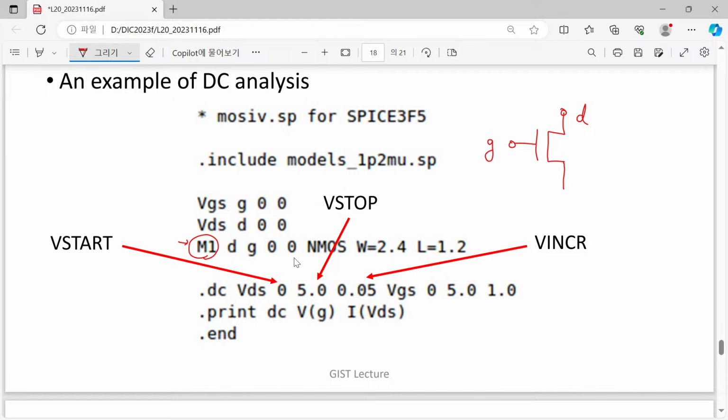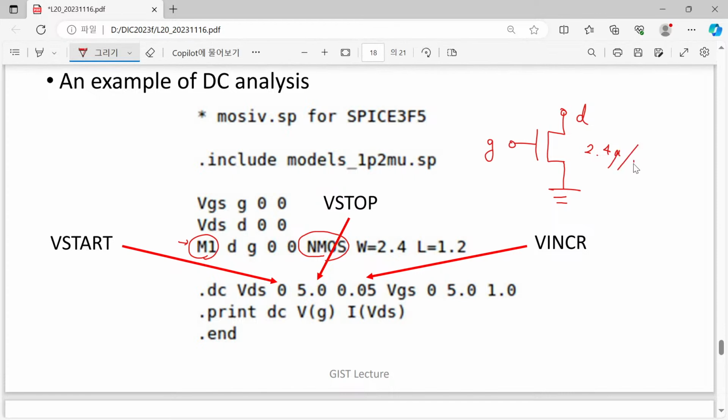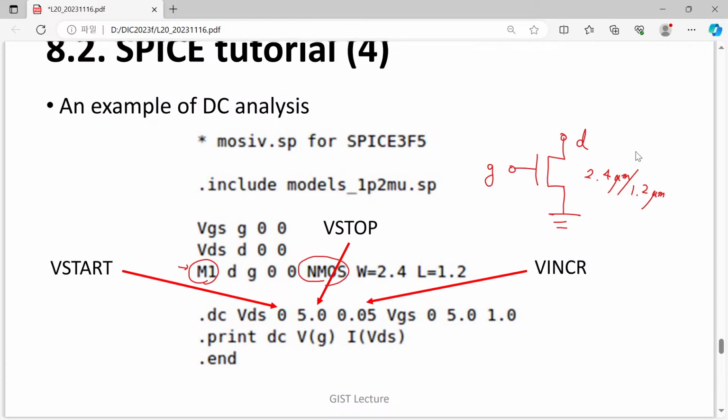Its source is grounded, and the body is also grounded, and it is an N MOSFET. And for W and L, we have 2.4 micrometer width and 1.2 micrometer length. Okay, this is the MOSFET.